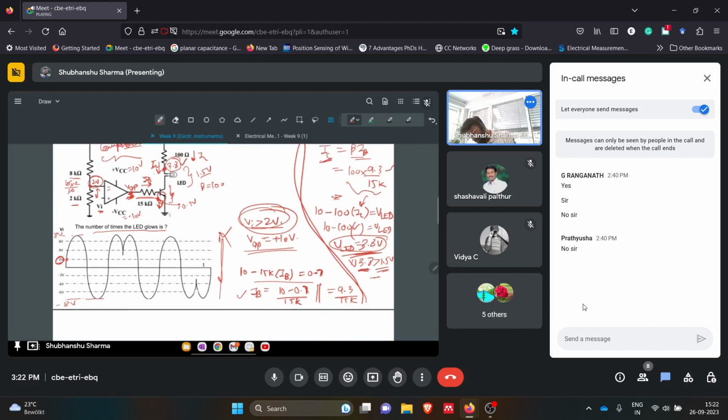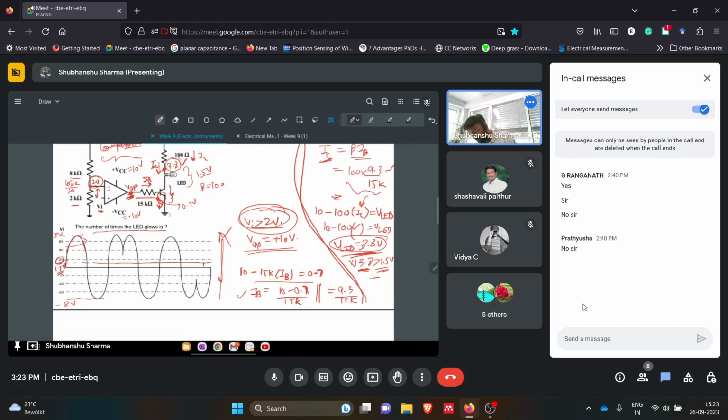Now the point till which this waveform is above, I'll say, 1.5 volts. LED voltage is 1.5 volts, so it will be somewhere here. If the value is greater than that, then definitely the LED will be glowing.